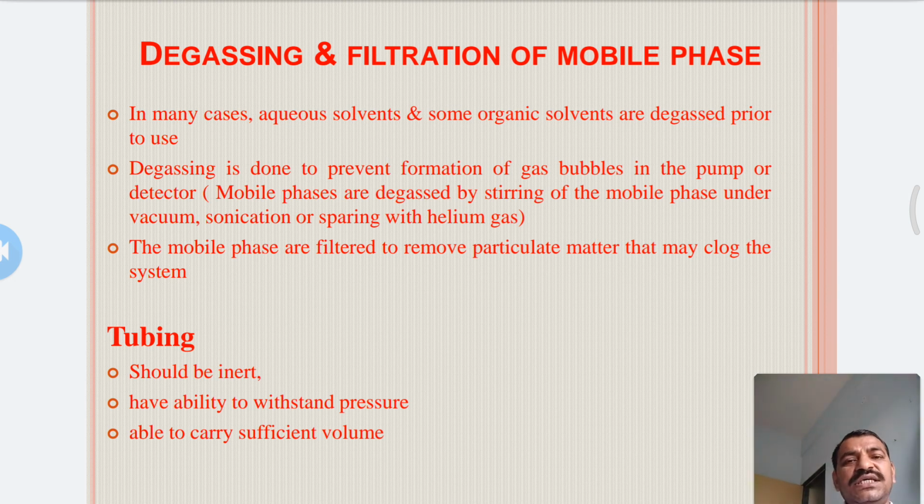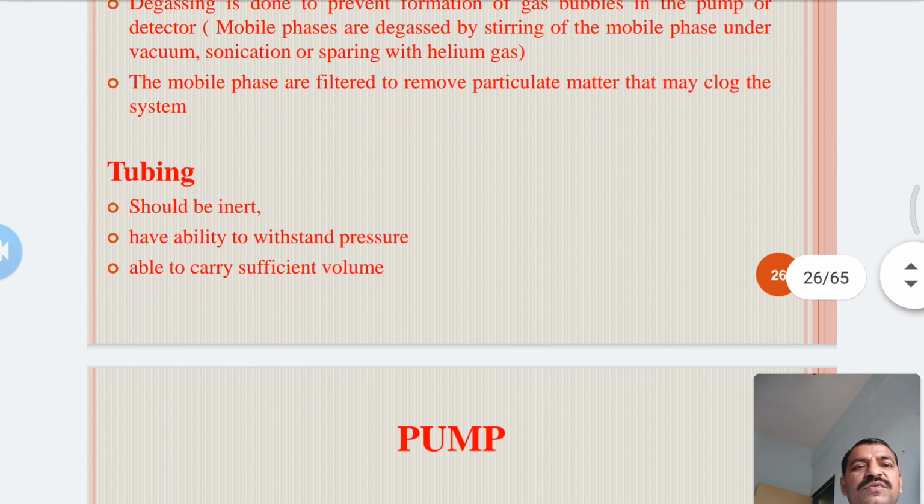Next, it must be able to carry sufficient volume. Sometimes we use a viscous flow, and at that time the tubing is able to carry sufficient volume.